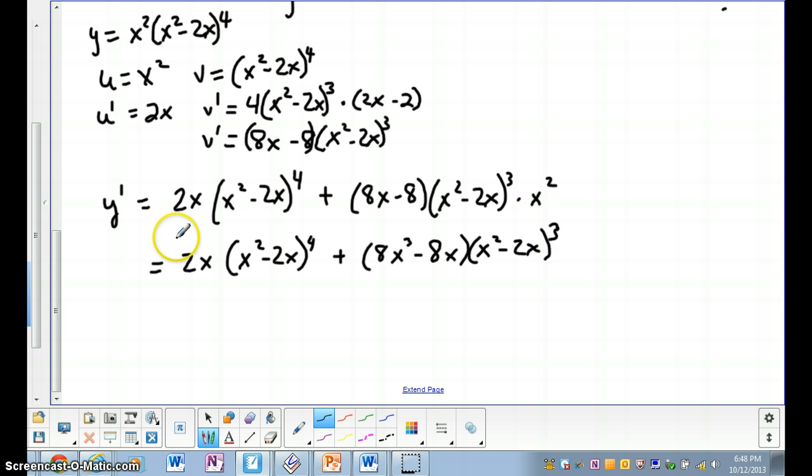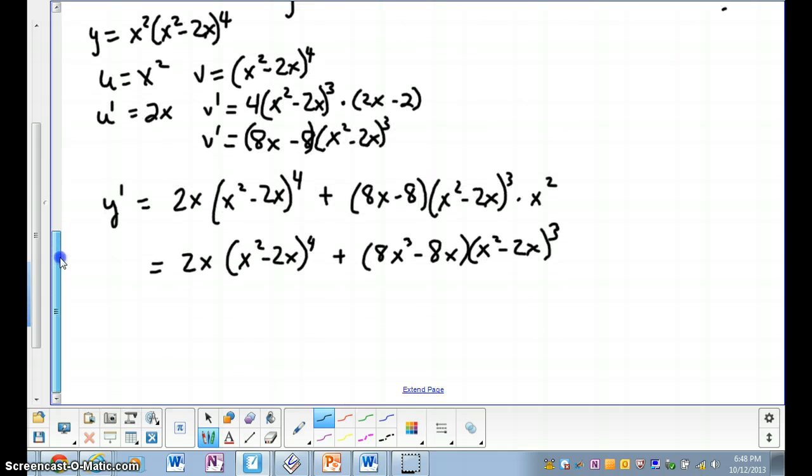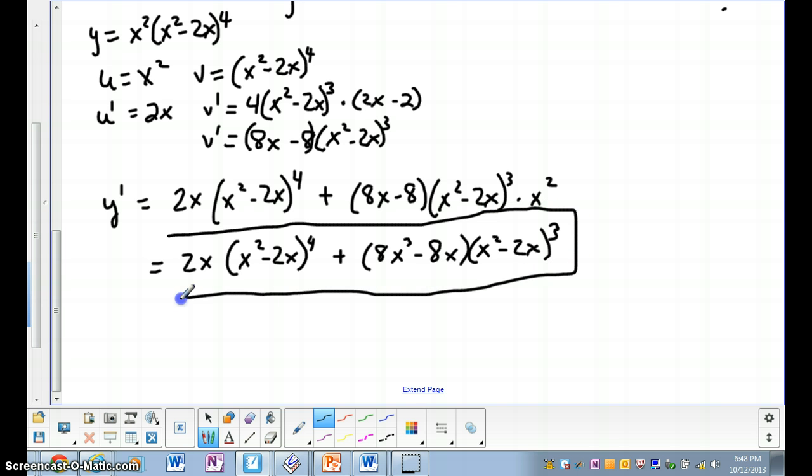Okay, so we found our final answer for this product, our problem number 2. Our derivative would be our 2x times x squared minus 2x to the fourth power plus 8x cubed minus 8x times x squared minus 2x to the third power.